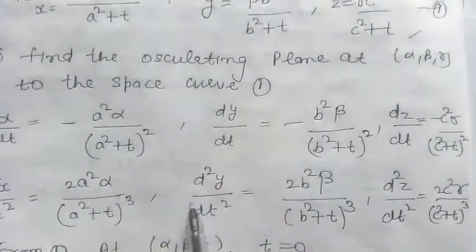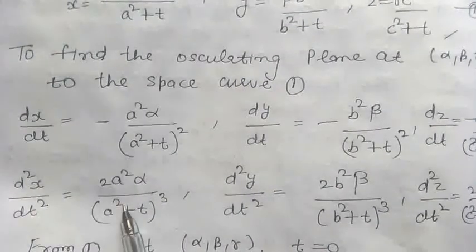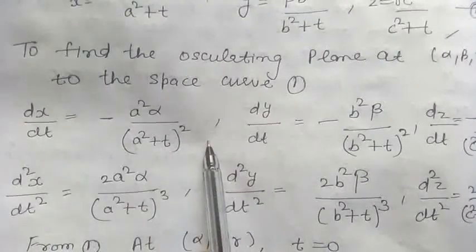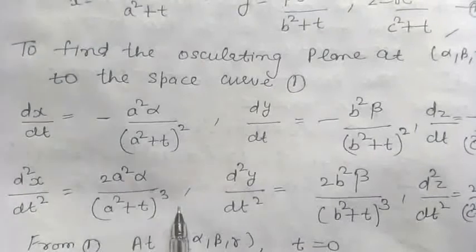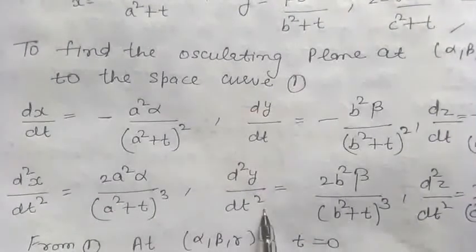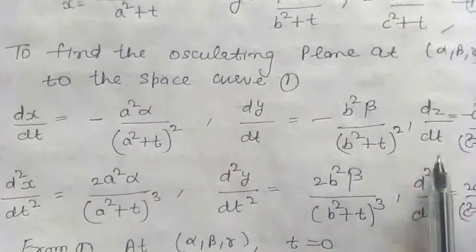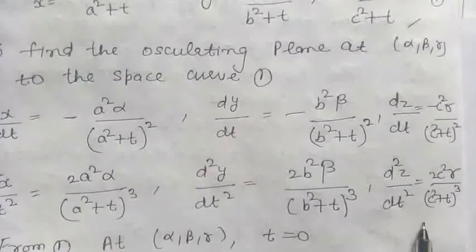Now again differentiating with respect to t, d2x by dt2 is given by the derivative of 1 upon (a square plus t) whole square, that is given by minus 2 upon (a square plus t) whole cube. In the same way we can differentiate dy by dt to get the second derivative, and dz by dt to get the derivative d2z by dt2.